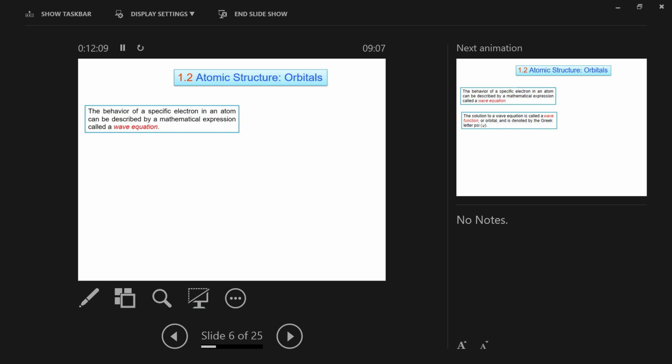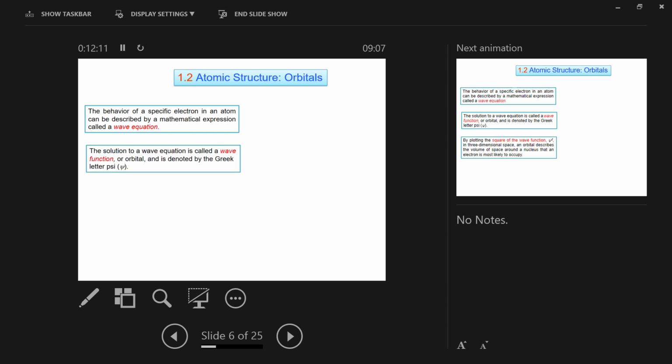Basically it is like the probability to find the electron in some part of the space. The solution to a wave equation is called a wave function or orbital. That means orbitals basically are the part of the space where we have more than 95% of possibilities to find an electron.